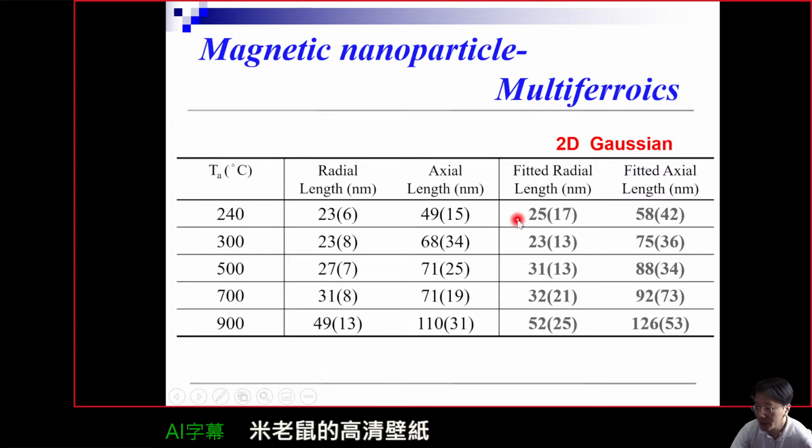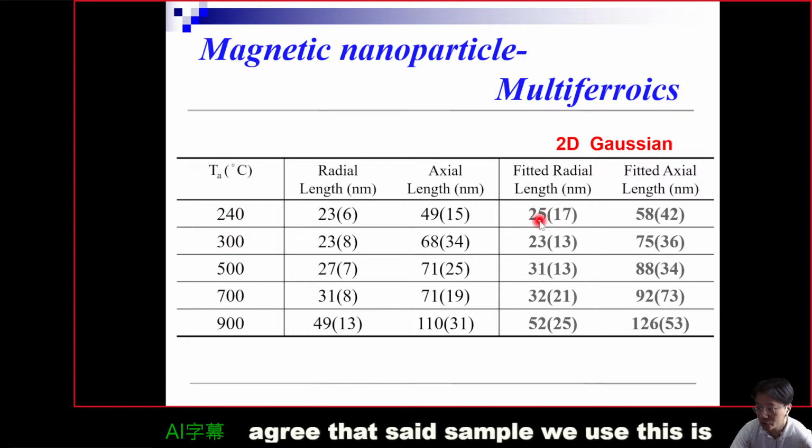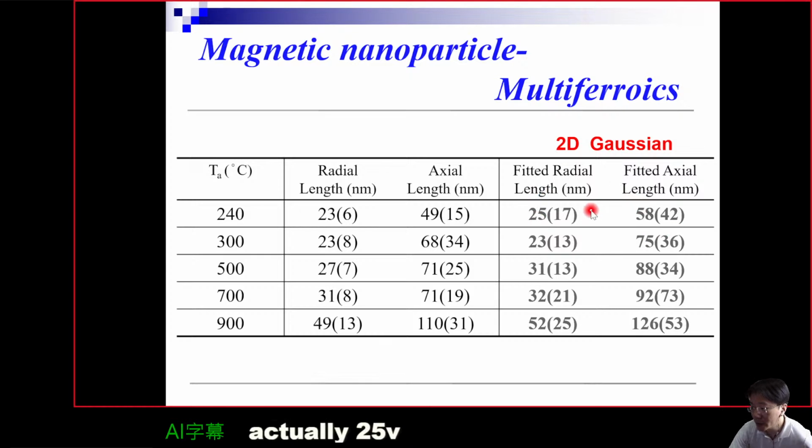So we will name the sample, for example, we don't use TA equal to 240 degrees Celsius. We use LC equal to 58 as the sample name.